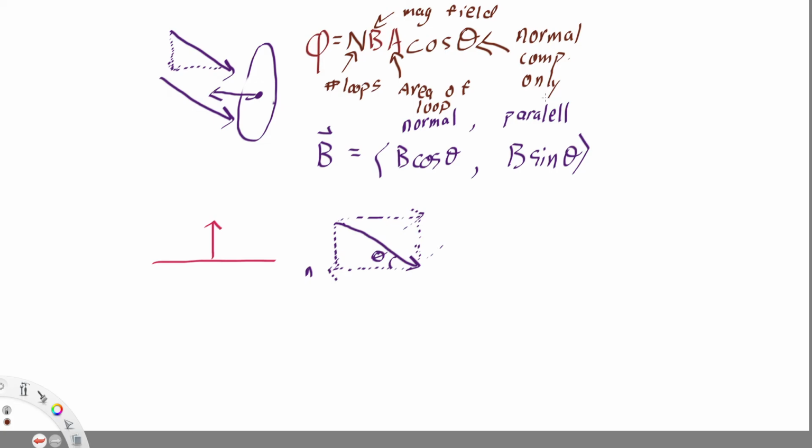So far, this is just a definition. This is what we mean when we say flux. How much field is going through a loop? Just a mathematical definition so far. Here's the physics.